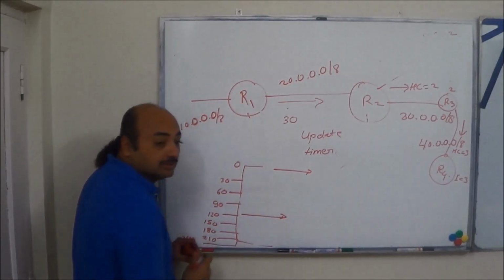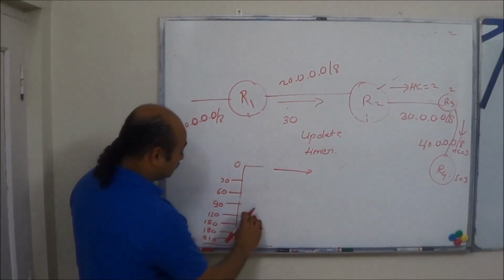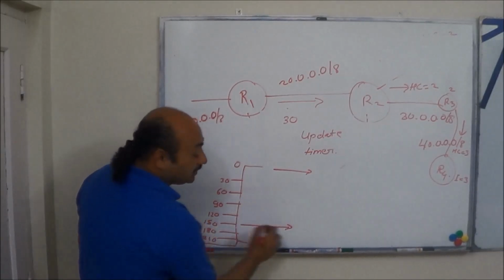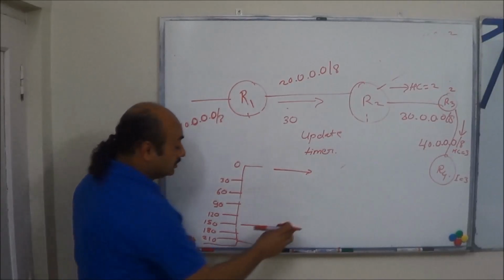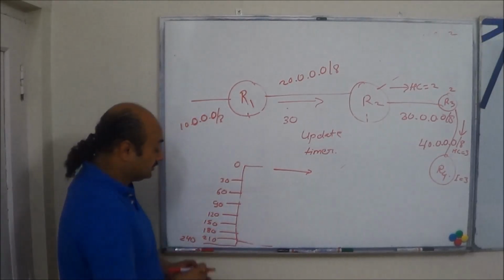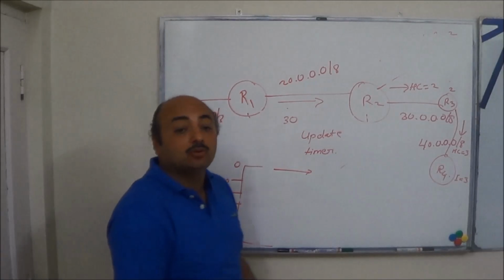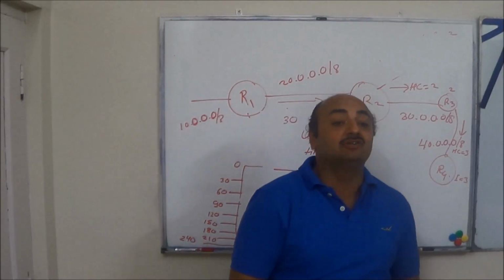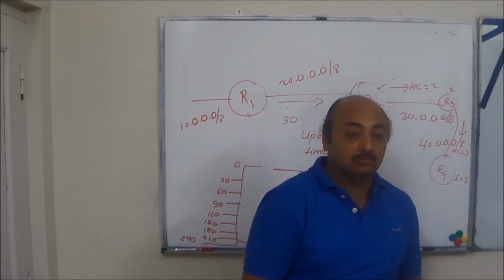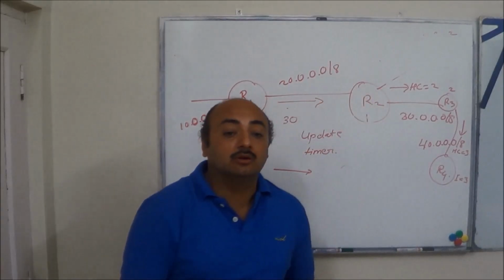Again at 120, it will reset the counter. At 150, it will reset the counter. But if it still does not receive by 180, it will say, probably this network is unreachable, has gone down.